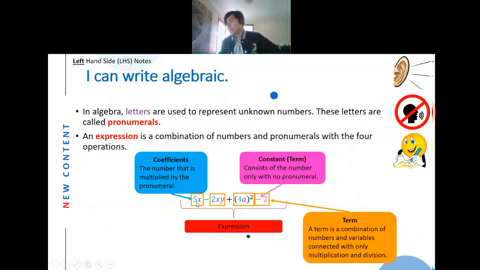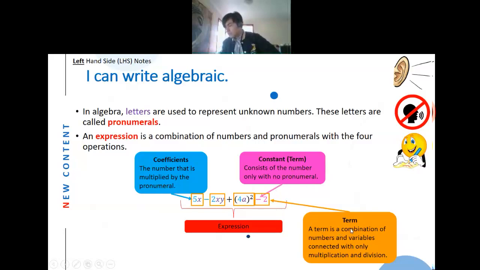So the coefficient for x here is 5. The coefficient for xy is minus 2. Okay, the sign is very important. So this is minus 2 or negative 2. The coefficient for the letter a here is 4, and the coefficient of, actually, no, there's no coefficient here. This is what we call a constant term, and that is because it has only the number, it doesn't have any pronumerals or letters.